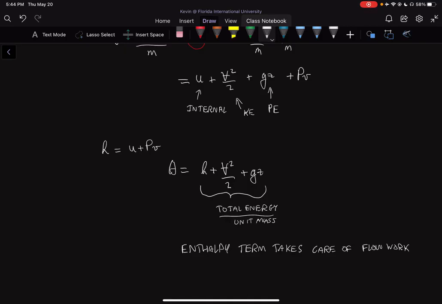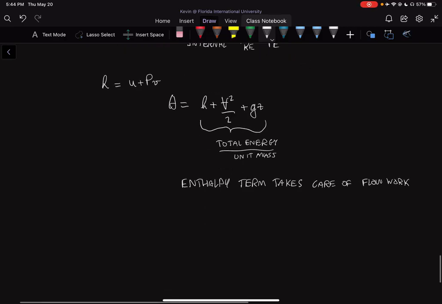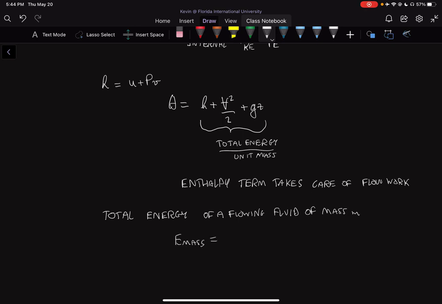And we can write that the total energy of a flowing fluid of mass m is equal to E mass, which is equal to mass times theta, which is equal to mass times H plus 1/2 V squared plus gz.